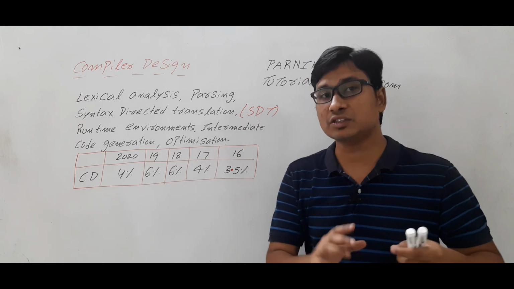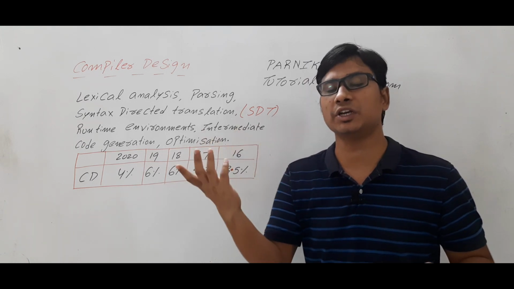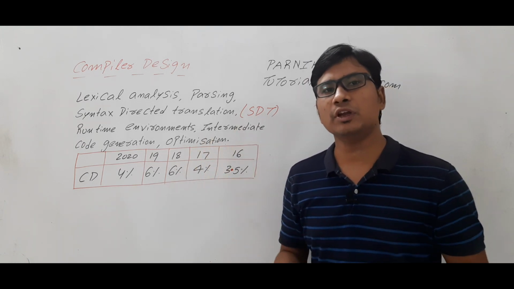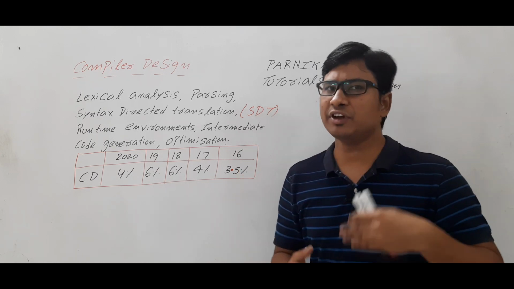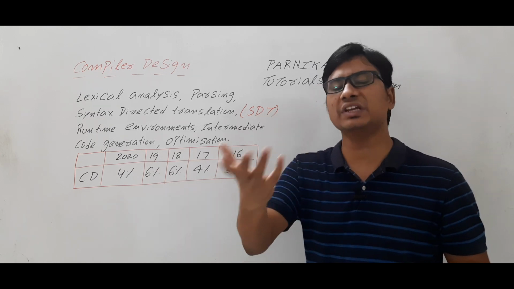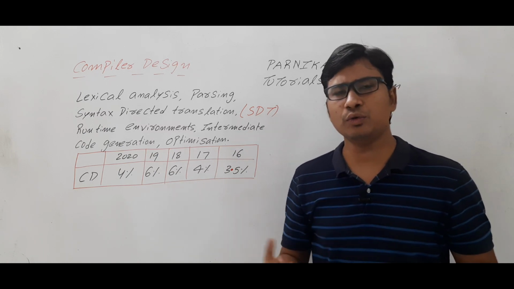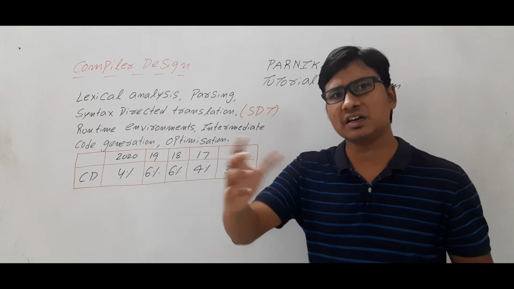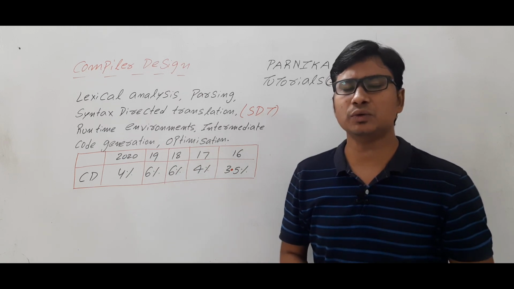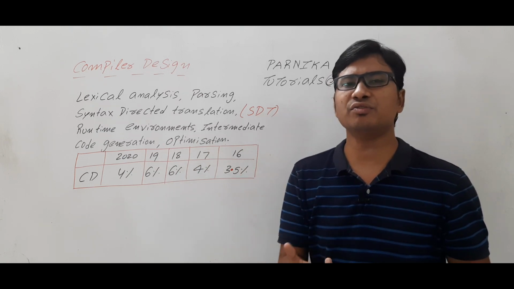Then I will discuss various optimizations such as machine dependent optimization and machine independent optimization. Then I will also discuss how to detect the loops in the intermediate code, because loops can be identified very easily in the high level language. If you look at keywords such as for, while, or do while, you can say these are loops. But when we convert into intermediate code, we cannot find such keywords.